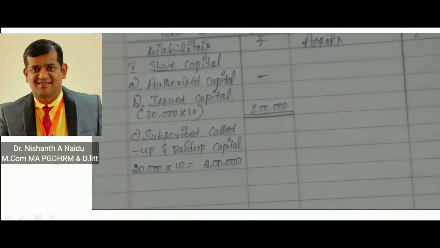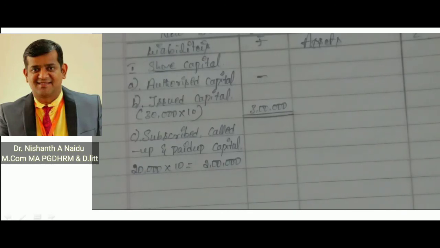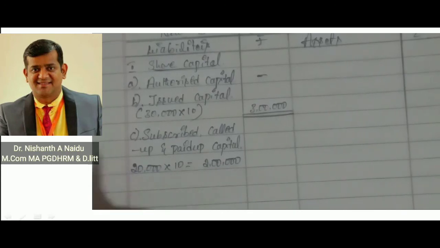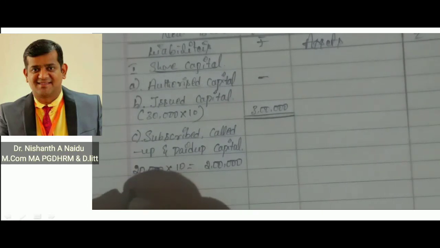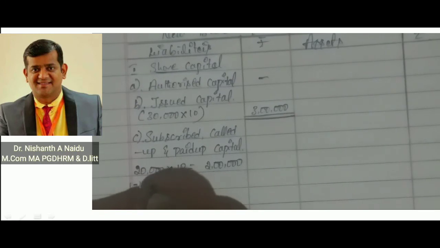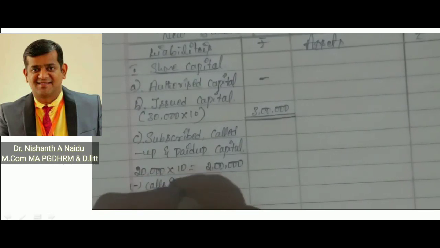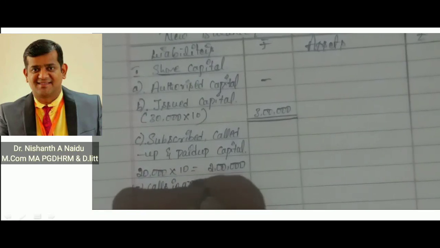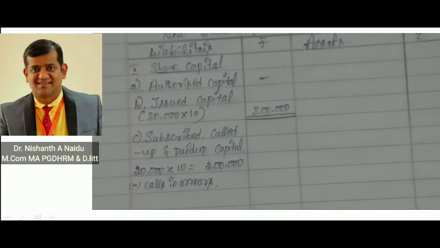2 lakh rupees is actually subscribed, but there are calls in arrears. So less calls in arrears. What is this calls in arrears?